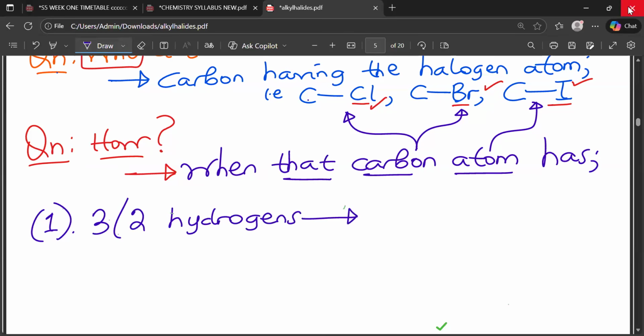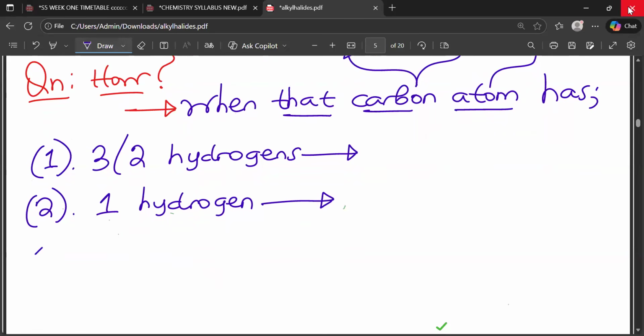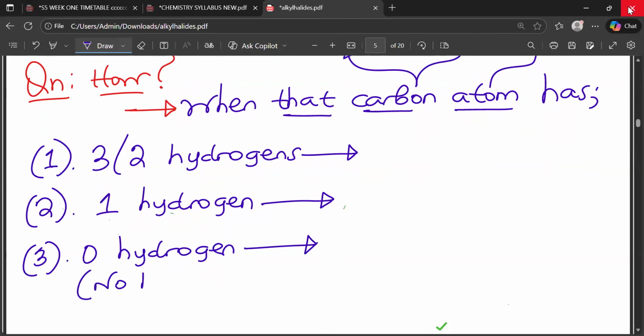When that carbon atom has 1 hydrogen, then there is also when that carbon has 0 hydrogen. 0 hydrogen, I mean no hydrogen, like that.